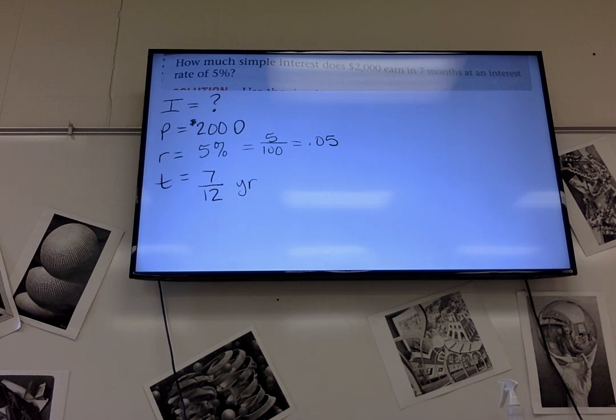Now, if I try to change that to a decimal, it's a repeating decimal. So I'm just going to leave it as 7/12. Will it not work out if you use a repeating decimal? It will. You just better put it in there with quite a few decimals.